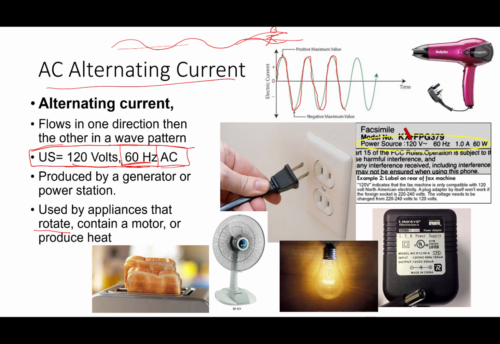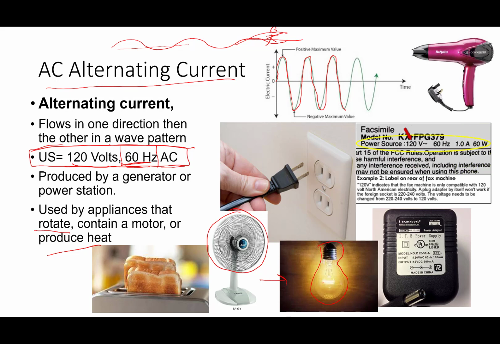Appliances that rotate, anything that has a rotational motion in it, from fans to blenders to drills, if it's a plug-in drill, those things all are really, really happy with alternating current. Appliances that produce an awful lot of heat, toasters, ovens, water heaters, things like that, very happy with alternating current. Appliances like light bulbs also, the old-fashioned incandescents, they're happy with alternating current.